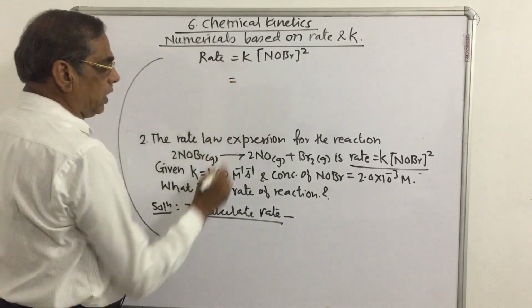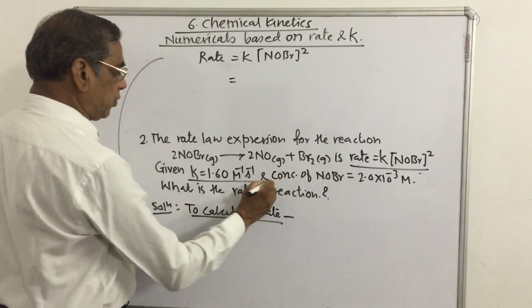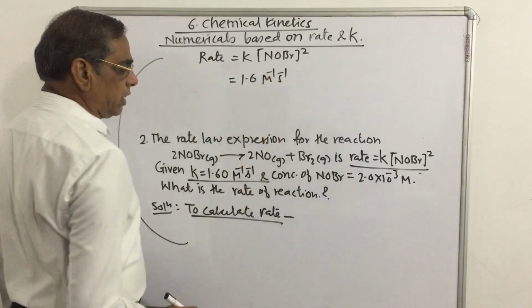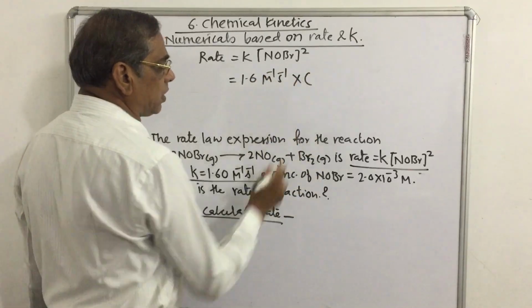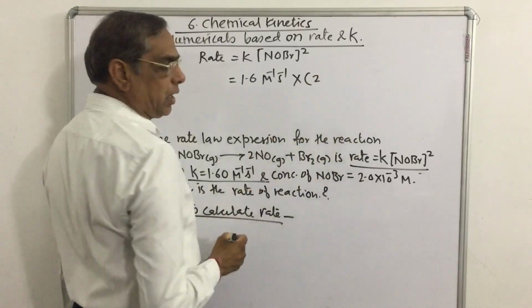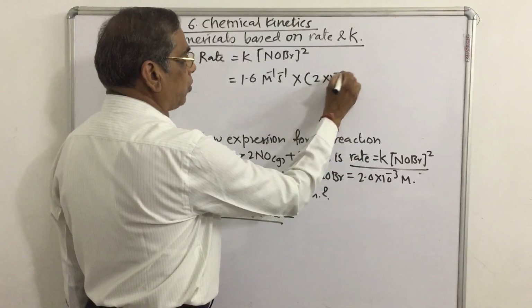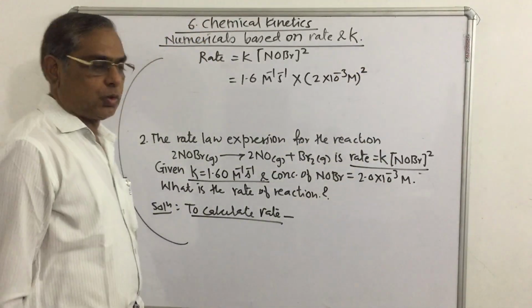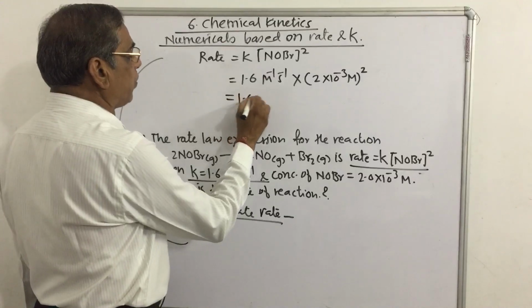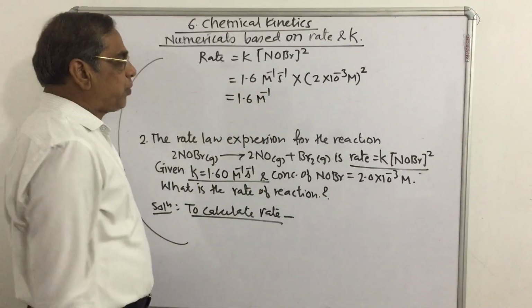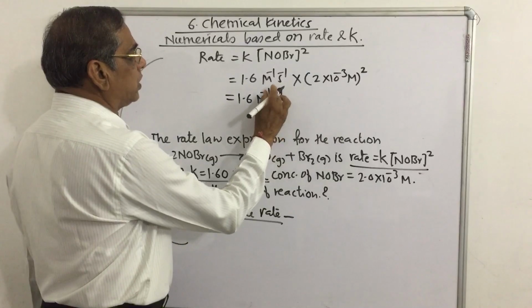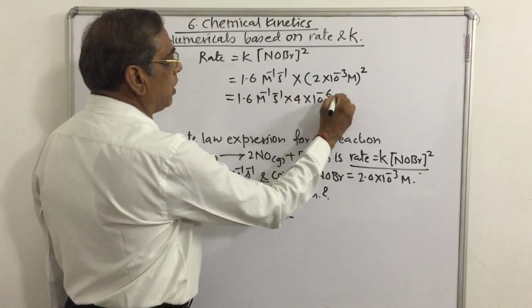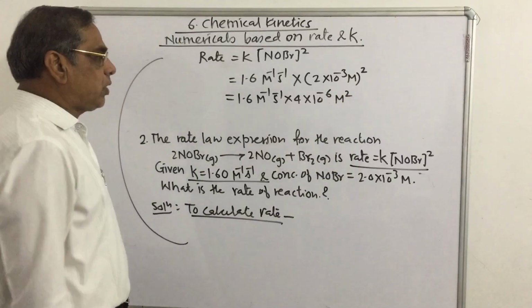Simply putting the values. Here the value of k is given, that is 1.6 molar inverse second inverse, multiplied by the concentration of NOBr, 2 into 10 raised to the power minus 3 molar, raised to the power 2. Solving this: 1.6 molar raised to the power minus 1 per second, or second inverse, into 4 into 10 raised to the power minus 6 molar raised to the power 2.